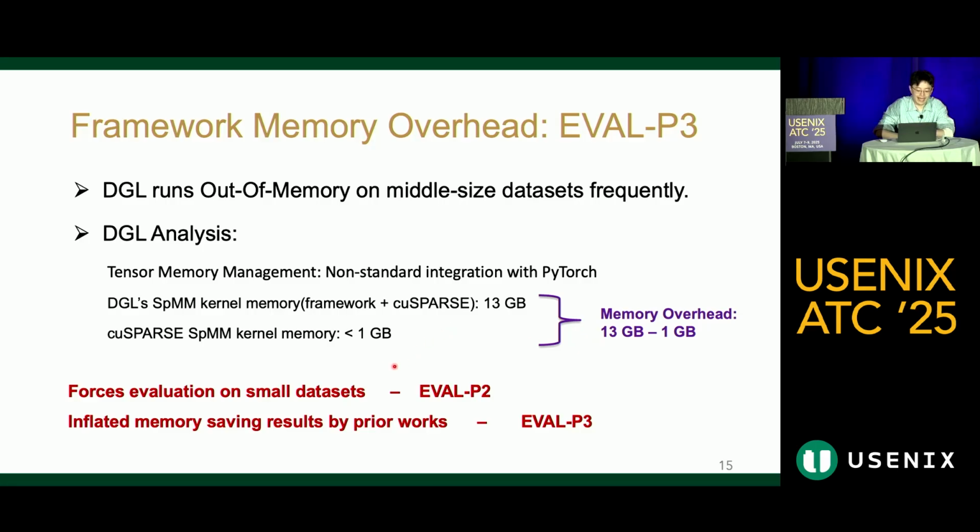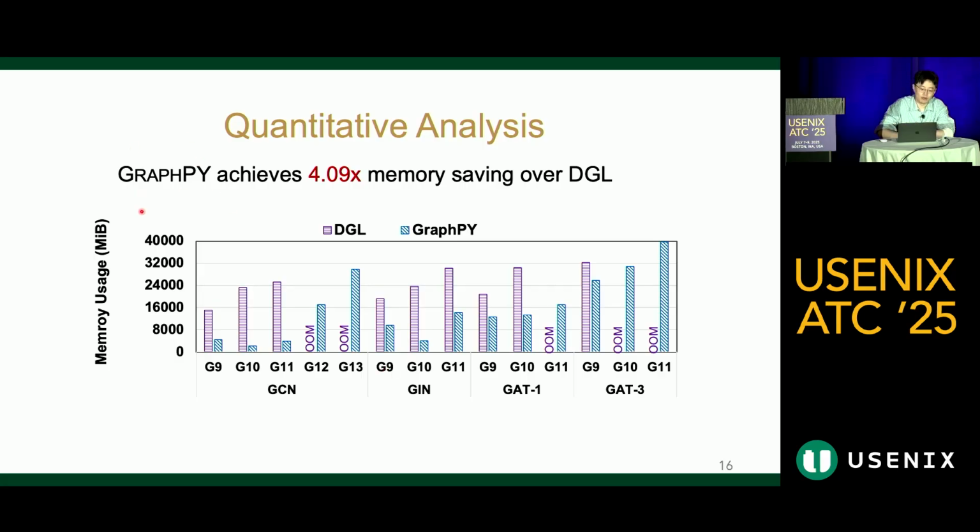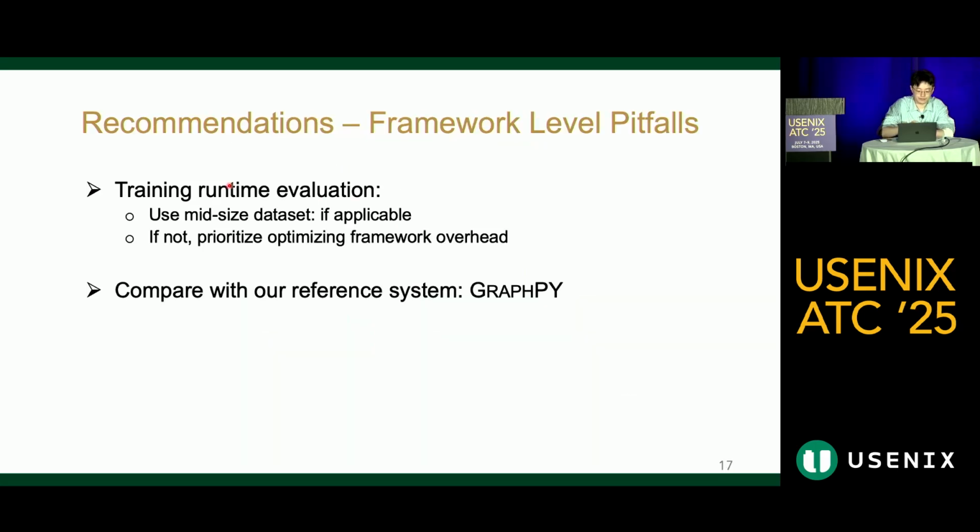This memory overhead first forces the evaluation onto small datasets, and it also inflates the memory saving results of prior works. Our solution, GraphPy, fixes those pitfalls, and you can see it achieves significant memory saving over DGL.